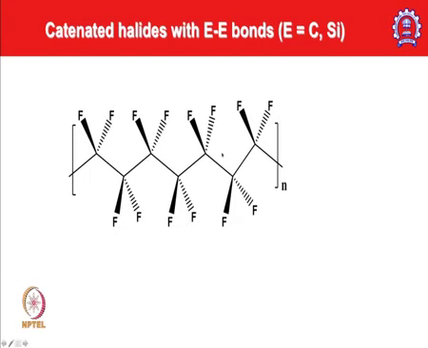And for silicon, a large number of higher halides are also known containing chains of silicon atoms, analogous to polysilanes. Germanium, tin and lead form very few such analogues because of the low stability of E-E bonds, that is the Sn-Sn bond or Pb-Pb bond.